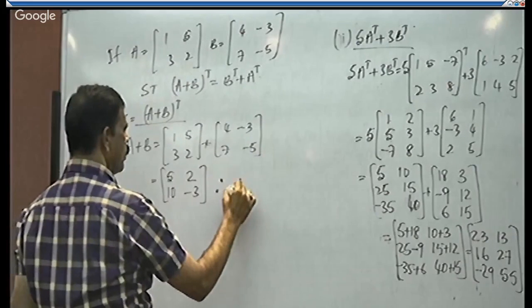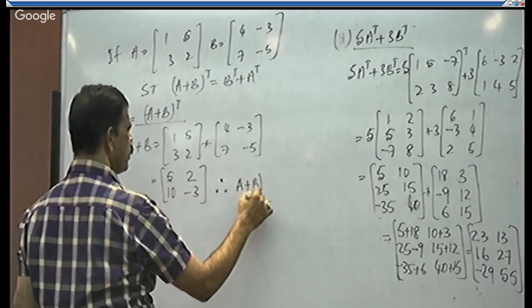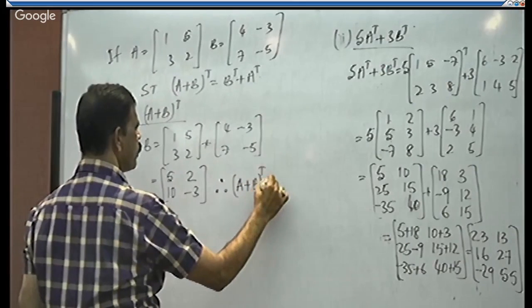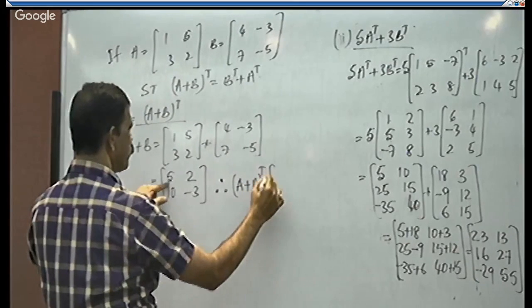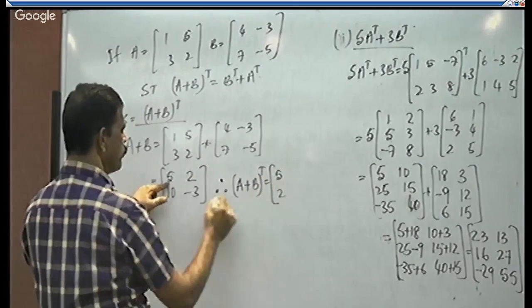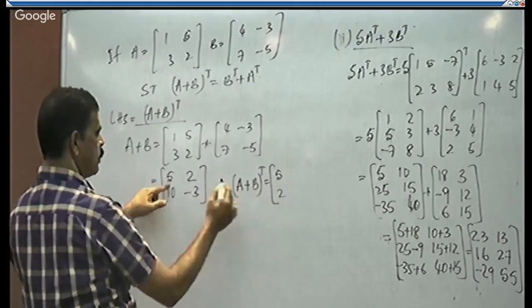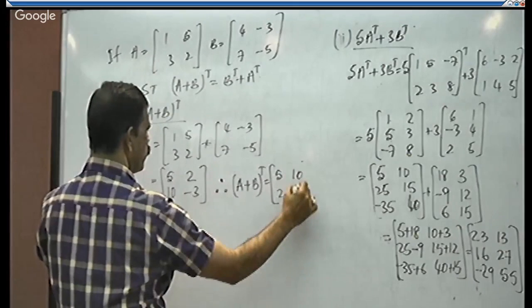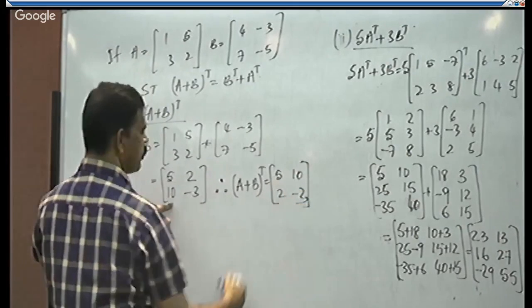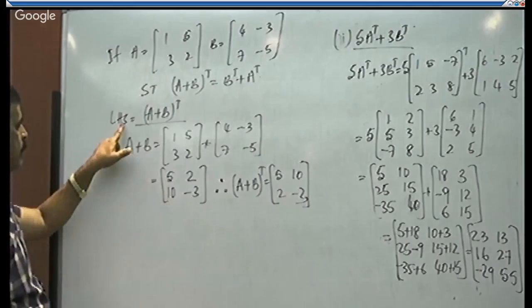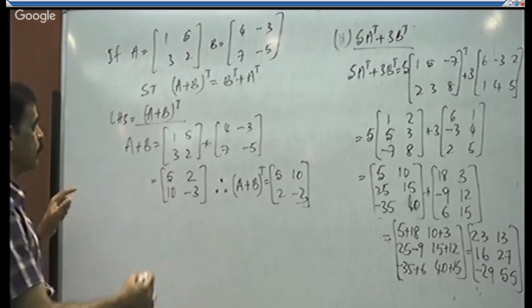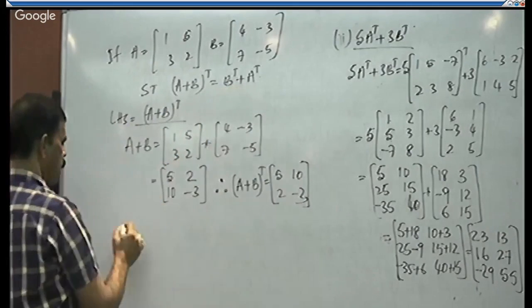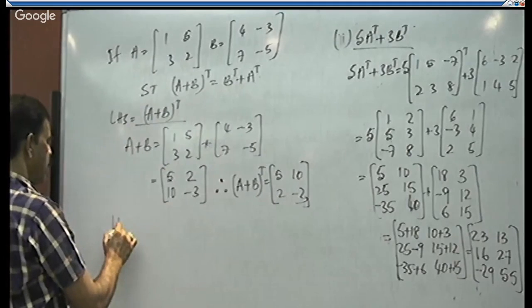Therefore, left hand side is what? A plus B whole transpose is equal to what? First row is made as first column. 5, 10 first column. 2, minus 3 become second column. It is transpose. Left hand side, A plus B whole transpose. Then I need to get what? Right hand side.